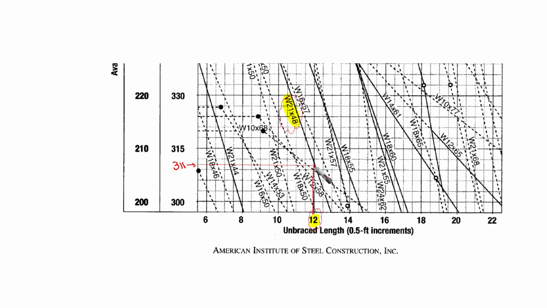This is the point that we can get, it's 311. This point is on the shape W21 by 48, for the unbraced length of 12.